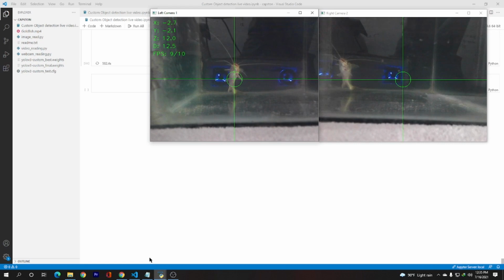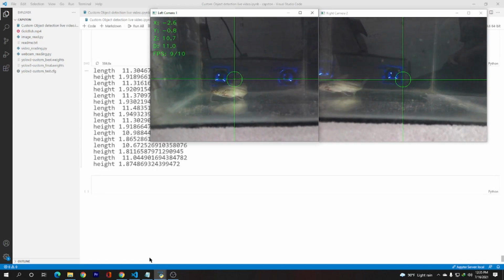Now as you see, this fish waits 0.2 seconds and our model can detect this time fish correctly and calculate its length and height.